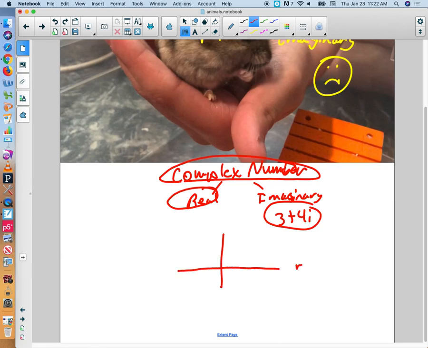They call this the real axis and the imaginary axis. Vectors and polar graphing and stuff you'll see start to come into play here. So you go out 3 and up 4, and you graph that imaginary number. I went out 3 on the real axis, up 4 on the imaginary axis.